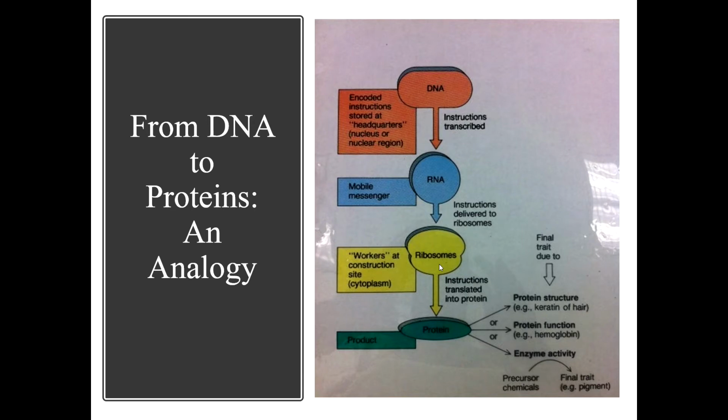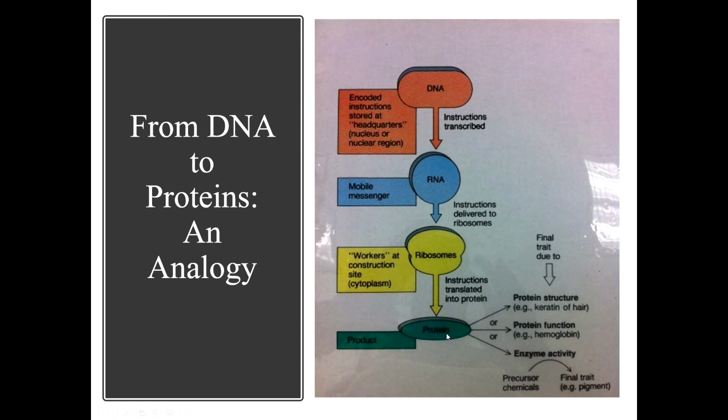These workers are at the construction site, and they are going to work along with amino acids. Remember, amino acids are the building blocks of a protein. The ribosomes are going to link those all together to make proteins. So the final product is the protein, or the house.